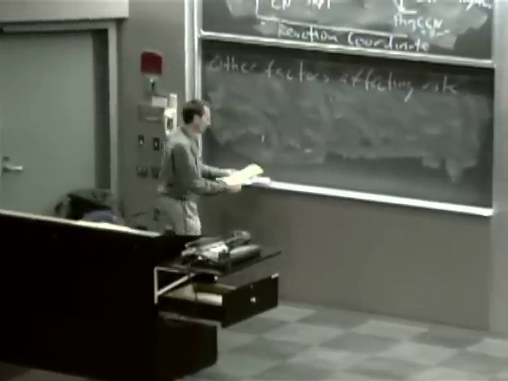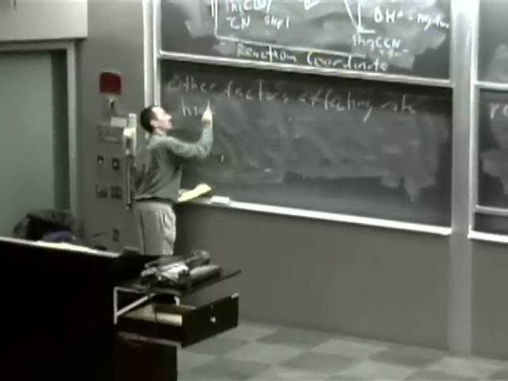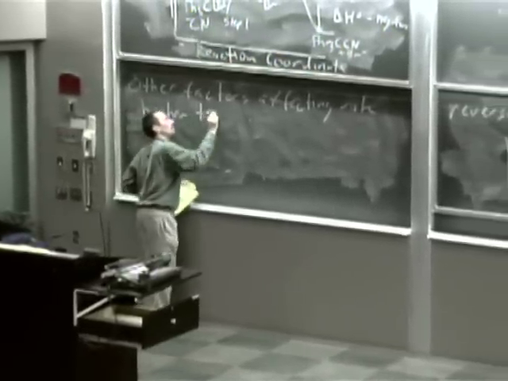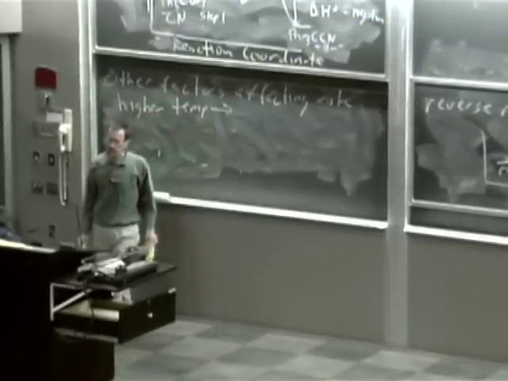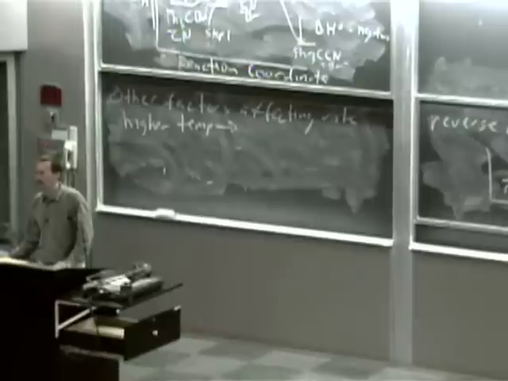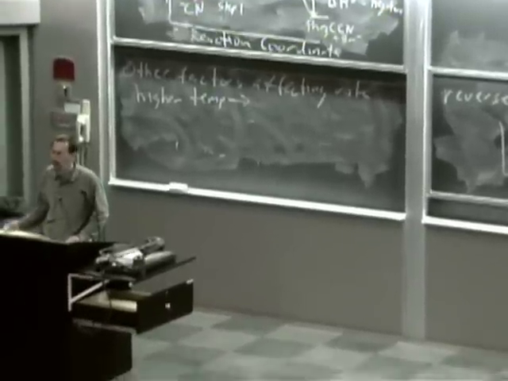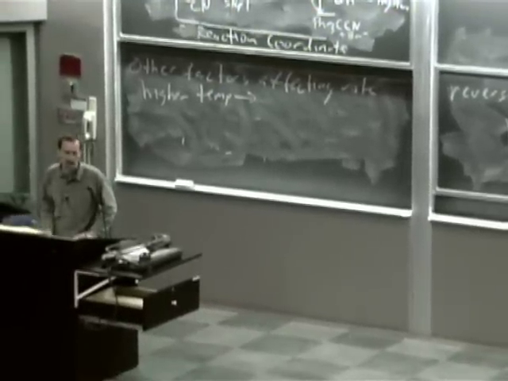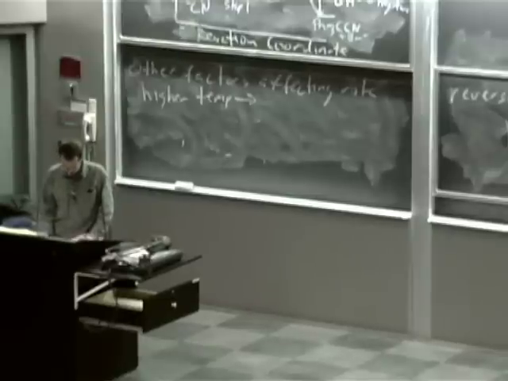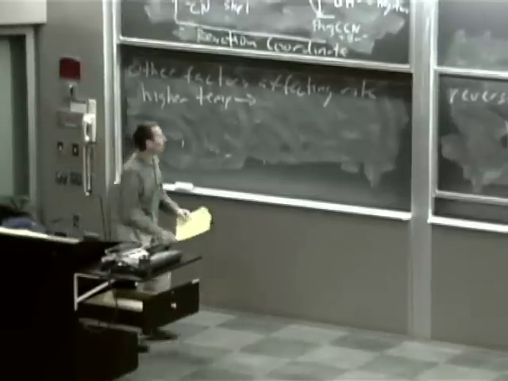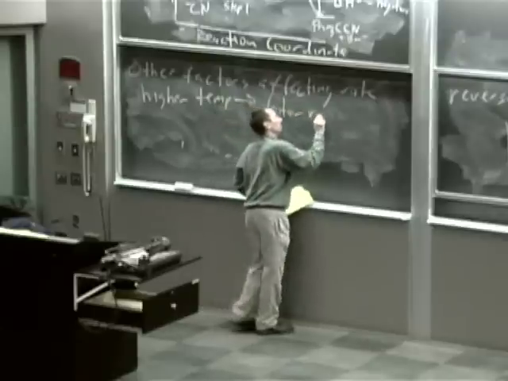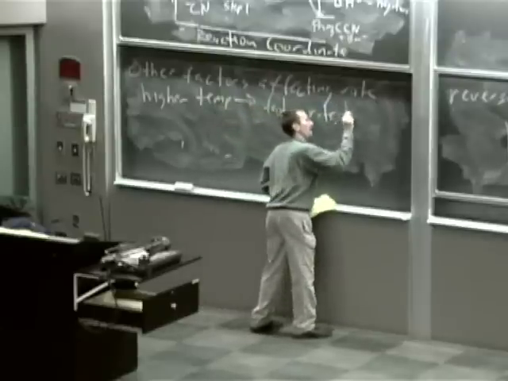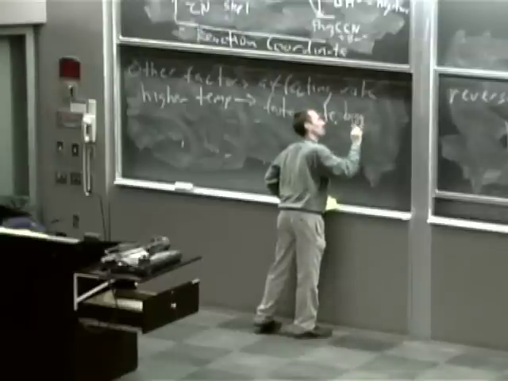Higher temperature leads to more energy. More energy means that more molecules have enough energy to overcome the energy barrier of the rate determining step. And so you get a faster rate and a bigger K, a bigger rate constant.